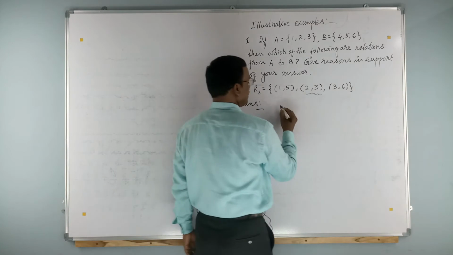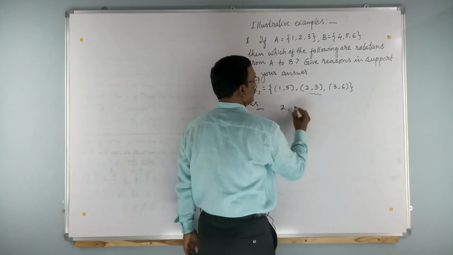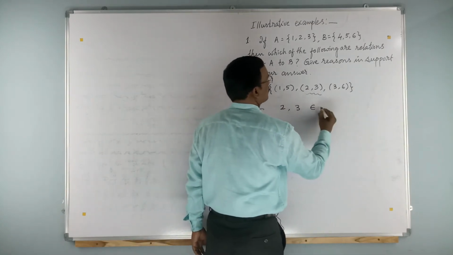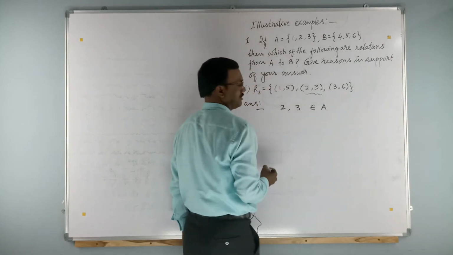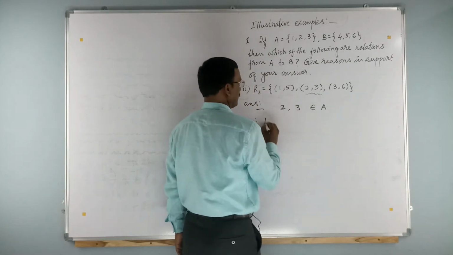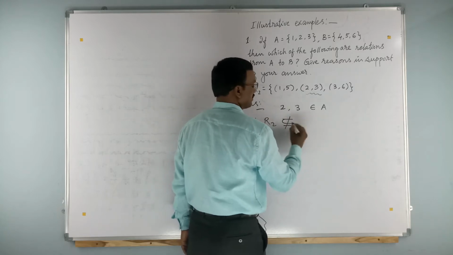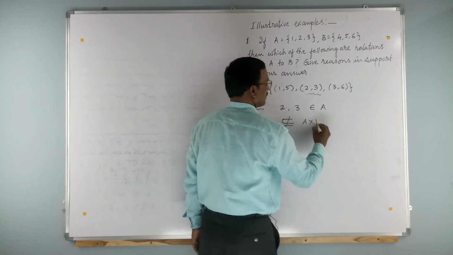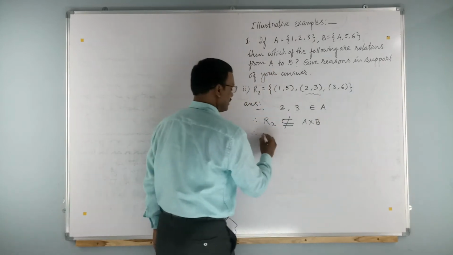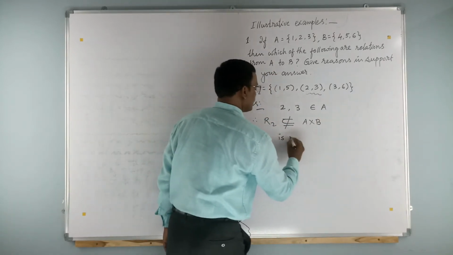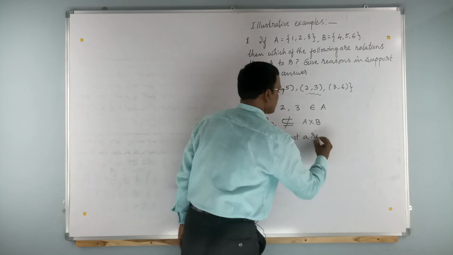So we will mention here that 2 comma 3 belongs to A. Therefore R2 is not a subset of A cross B. That's why R2 is not a relation.